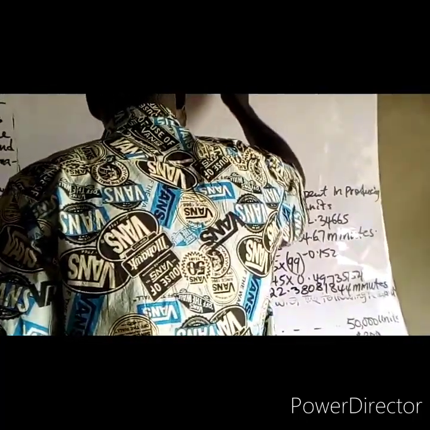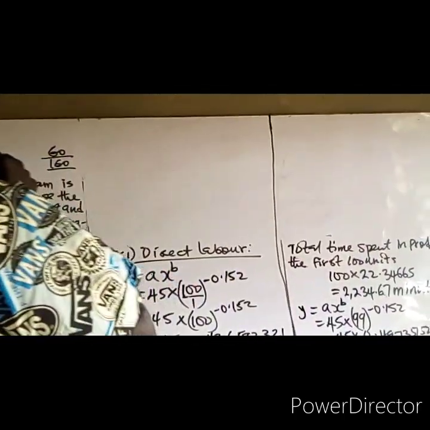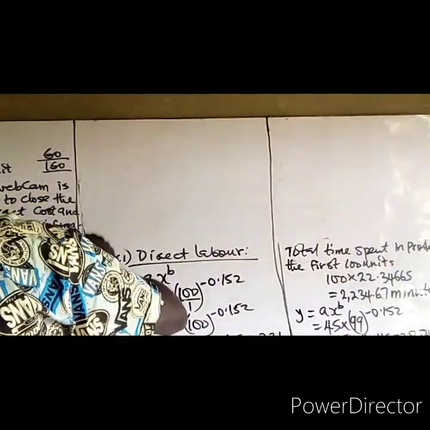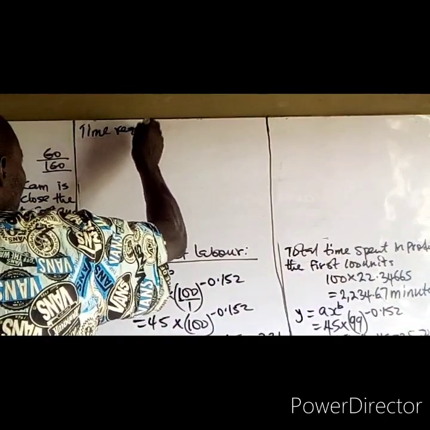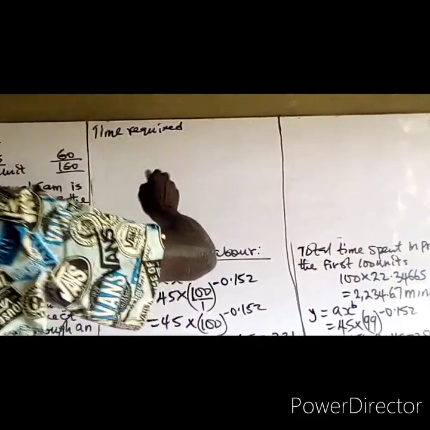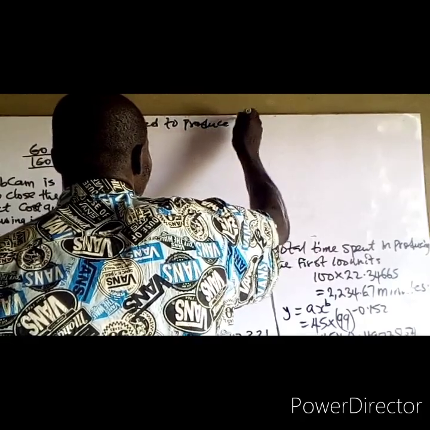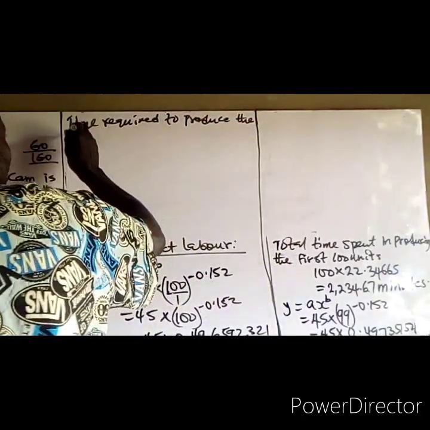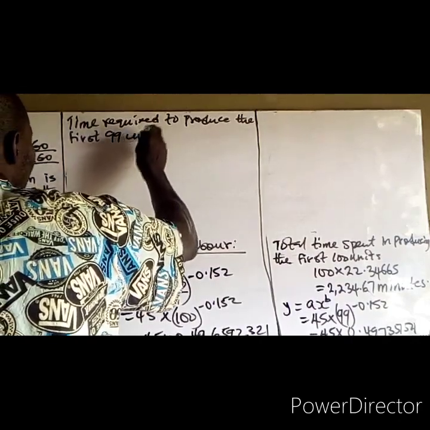What is the total time required to produce a total of 99 units? Time required to produce the first 99 units.